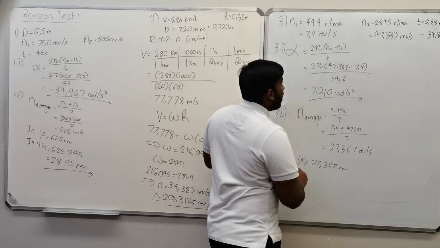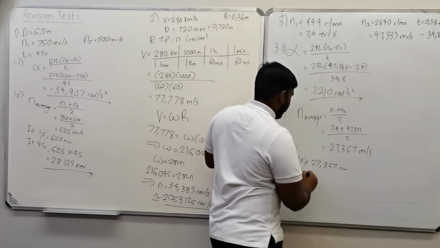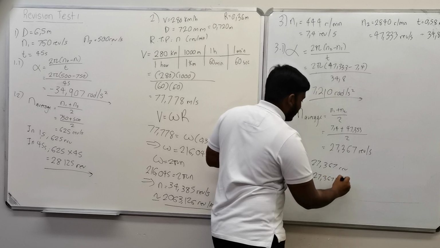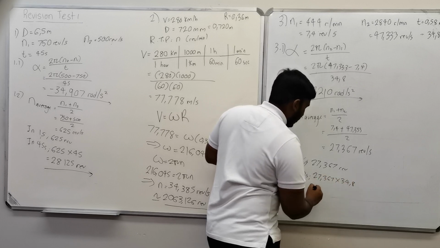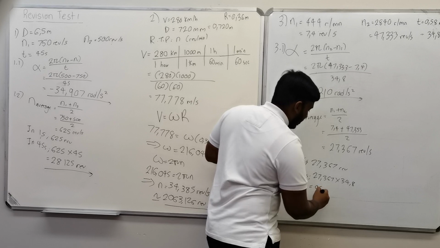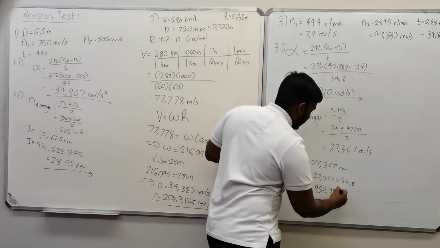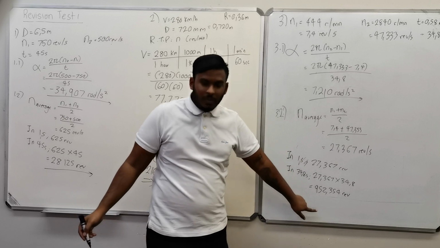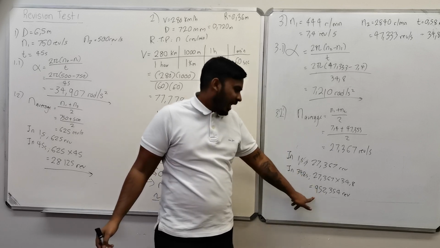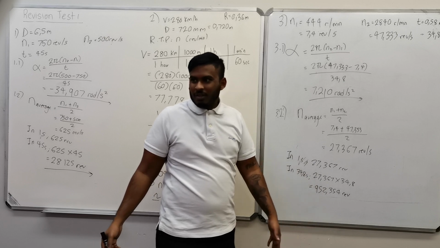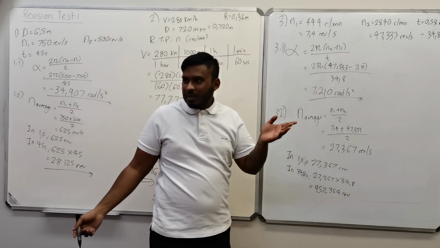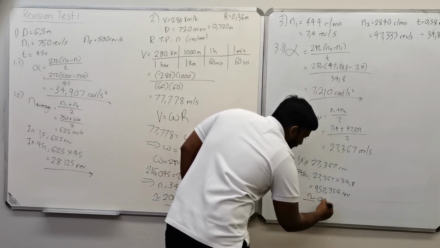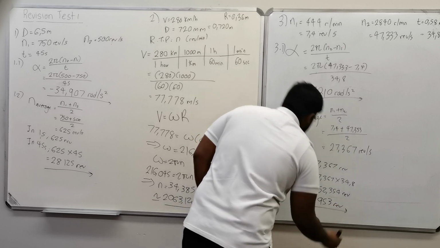So in 34.8 seconds you're going to end up with 27.367 times 34.8, which is equal to 952.354 revolutions. You just round it up, to take into account that decimal. So you'd say this is approximately 953 revolutions. Right?